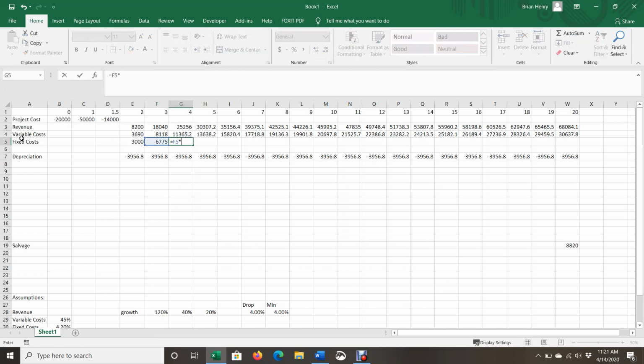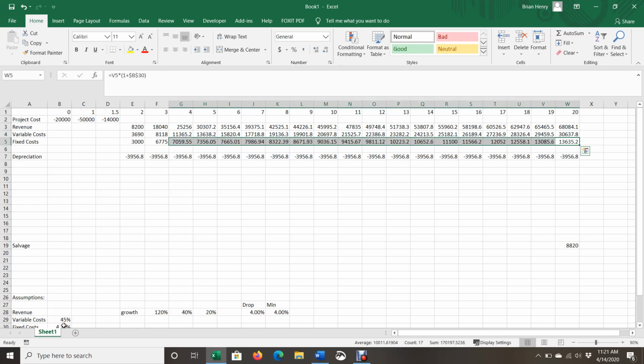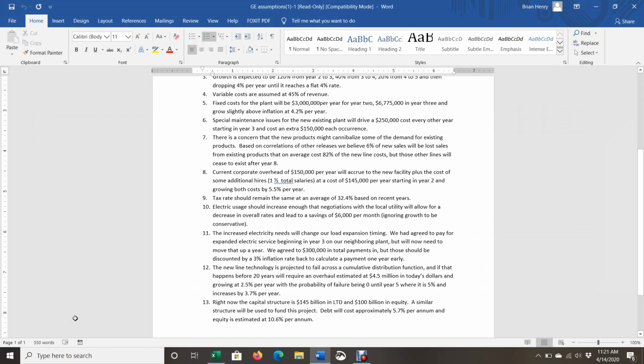And then everything after that is growing. So multiply the previous year by 1 plus the growth rate. Growth rate's down here. I'm going to go ahead and lock that. And you should be good. All right, so it's going to grow to just over 7 million. Then again, Control over, Control Shift left, Control R, fill everything over. Okay, so there's fixed costs.